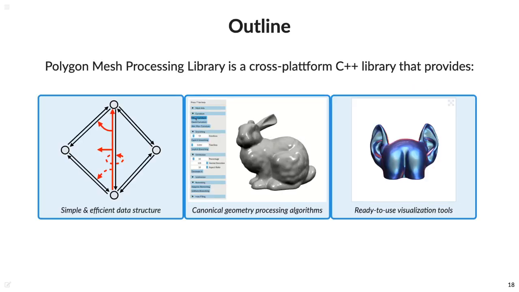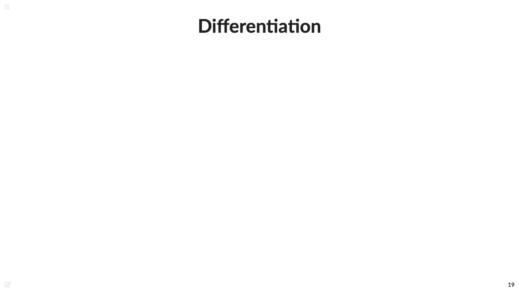Now I've shown you what the PMP library provides: this very simple, nice data structure, a set of algorithms, and also simple and easy to use visualization tools. Now, when should you be willing to use it? How to differentiate PMP from the other libraries that exist?